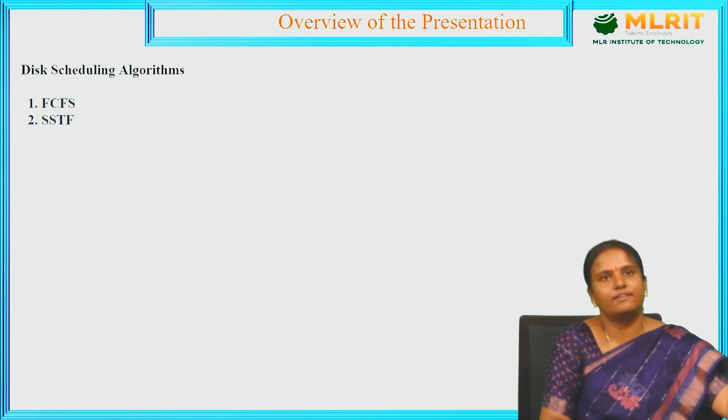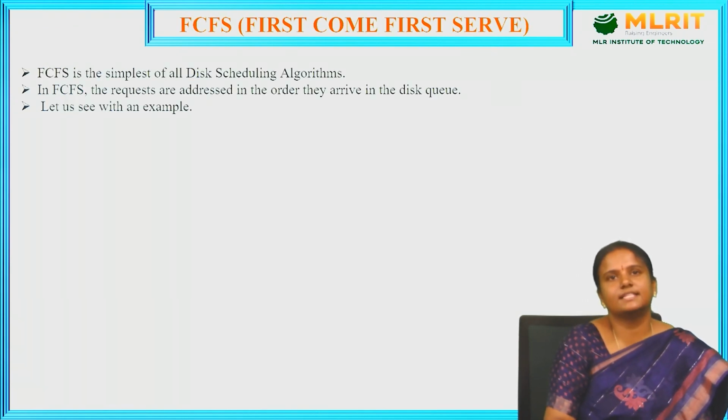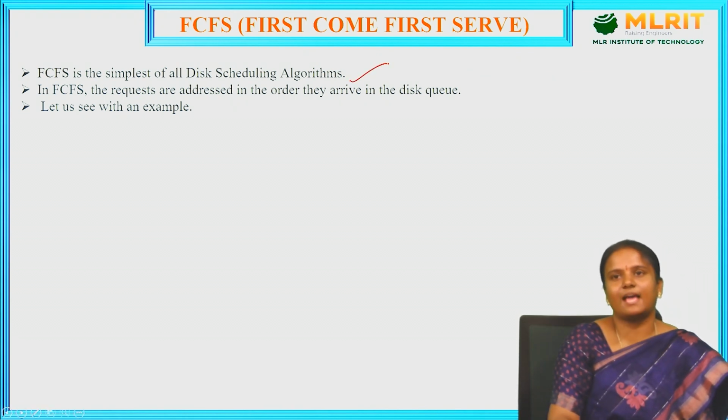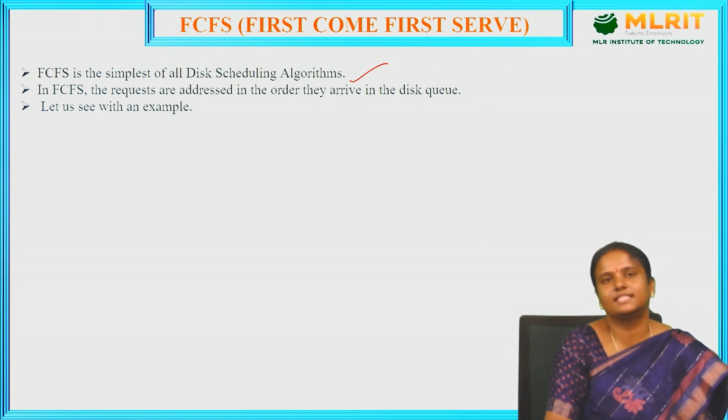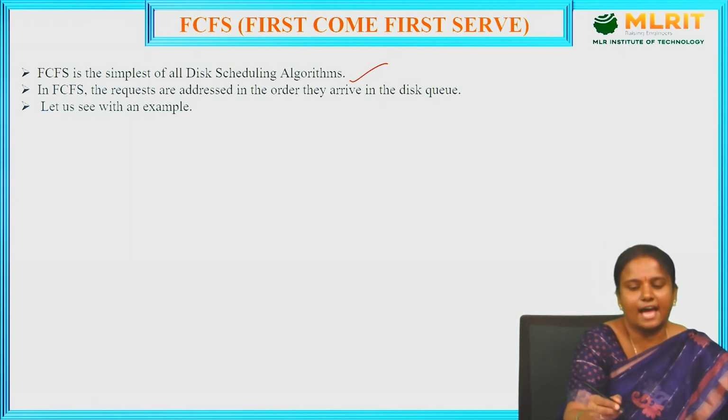Let us start with FCFS, first come first serve. It is the simplest of all the disk scheduling algorithms. Among all the 6 different types of algorithm, this is one of the simplest forms to solve disk scheduling. In FCFS, the requests are addressed in the order they arrive in the disk.